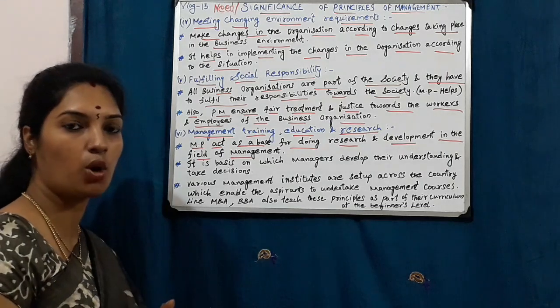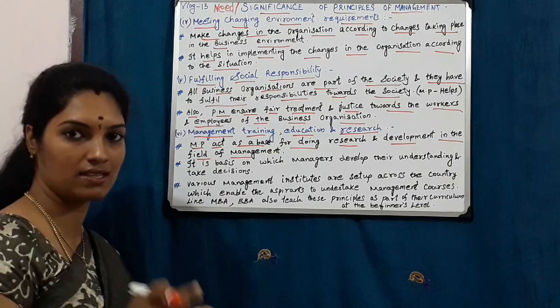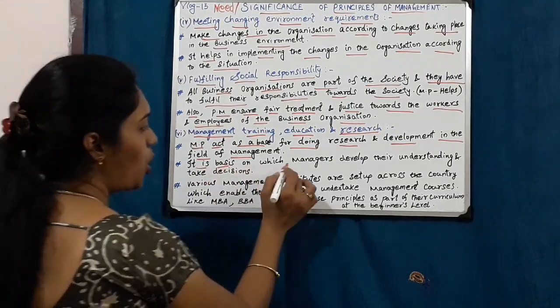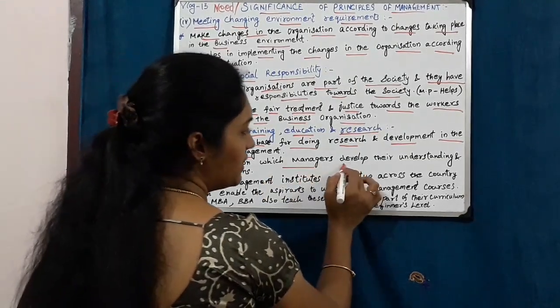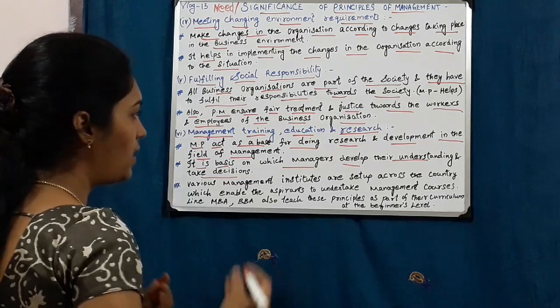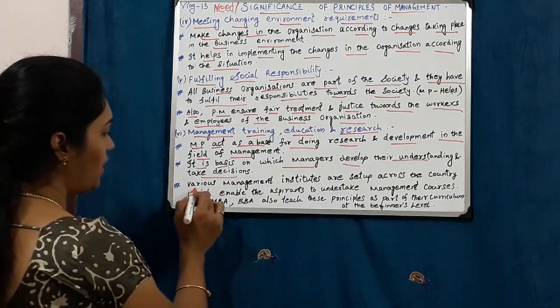The principles have not stopped at a particular point; the research work is still continuing. It is the basis on which managers develop their understanding and take decisions. So by understanding the management principles, the managers can take decisions.